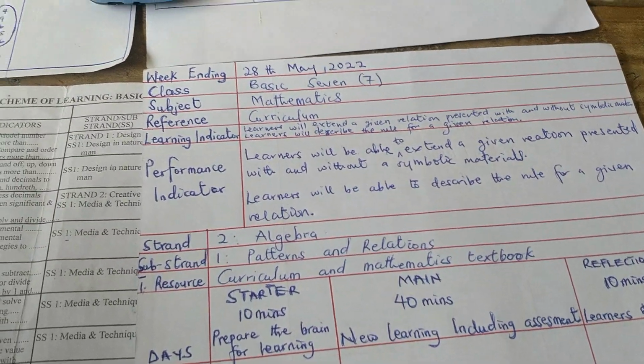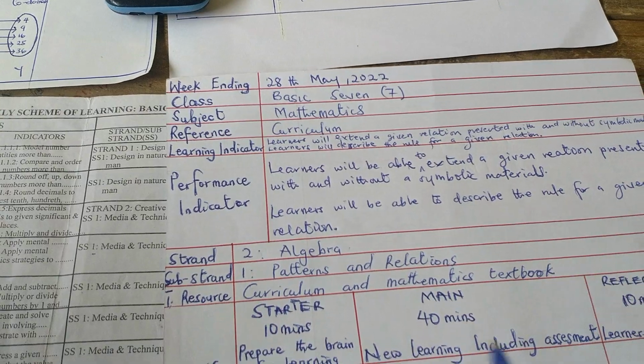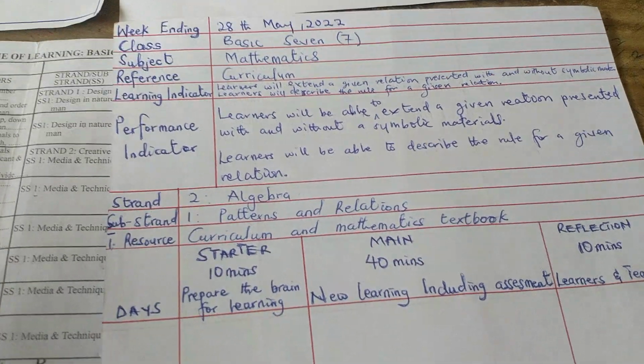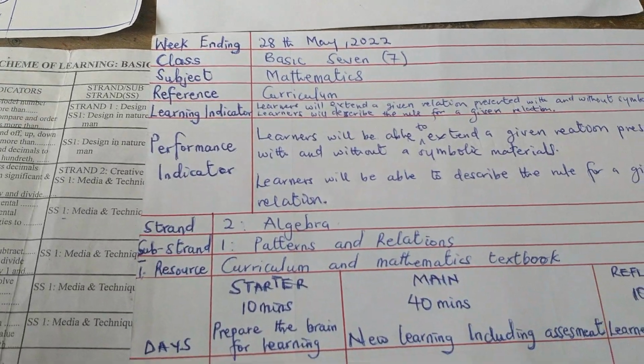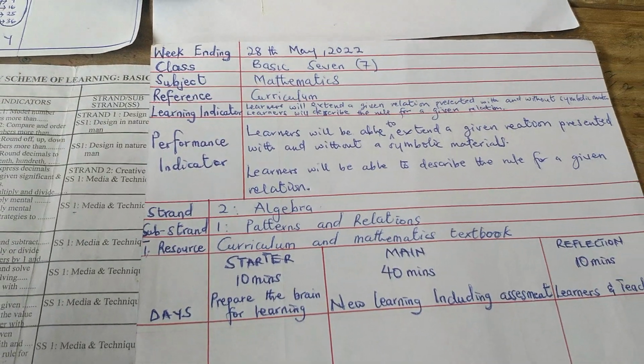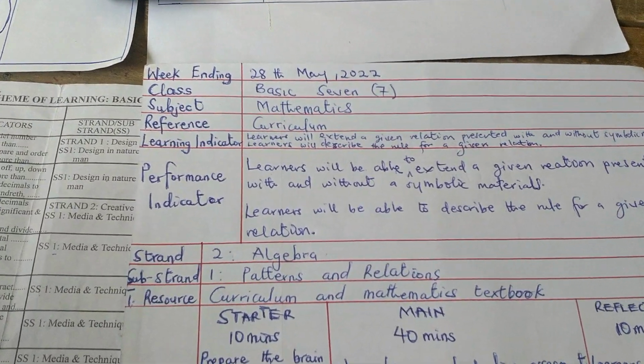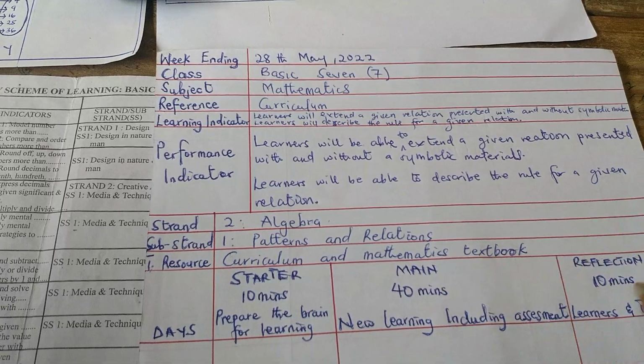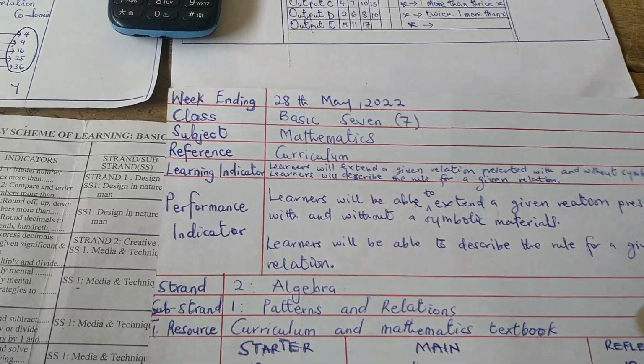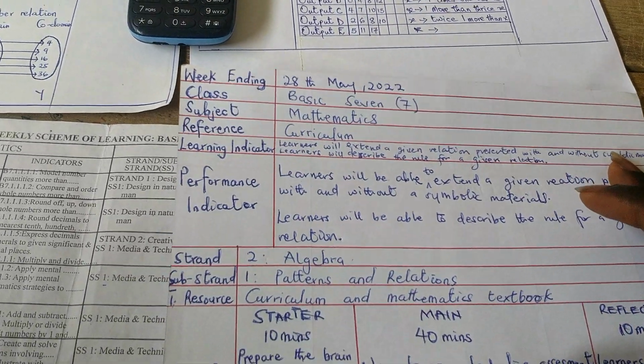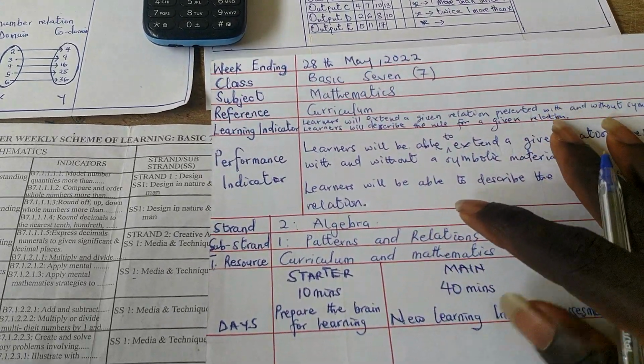I don't know if they are all out, but we don't have the book for basic 7. So we use the curriculum and the mathematics textbook, which is the Aquila, the old edition of the old curriculum. So these are the resources we can use in teaching the learners this topic.